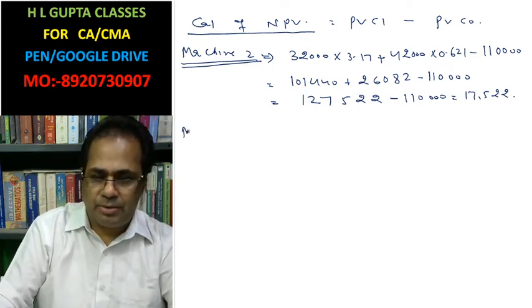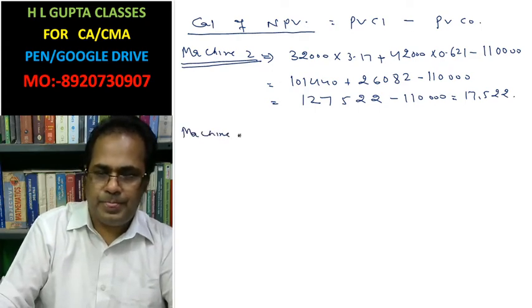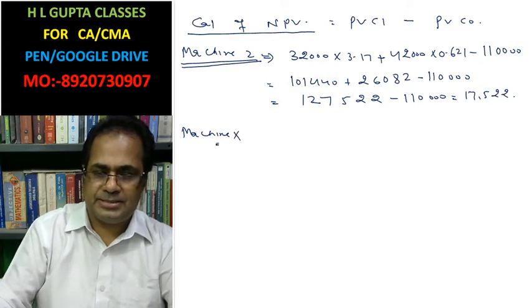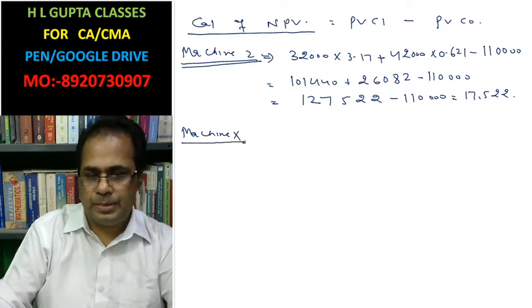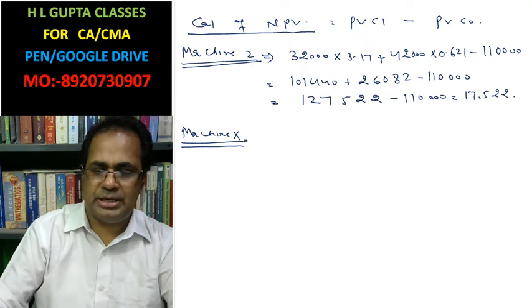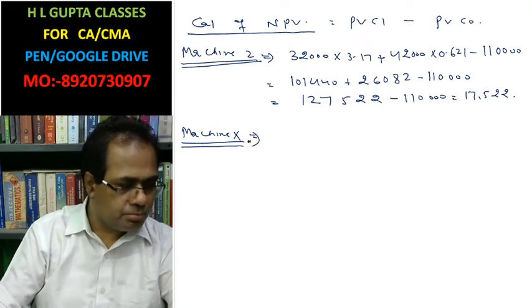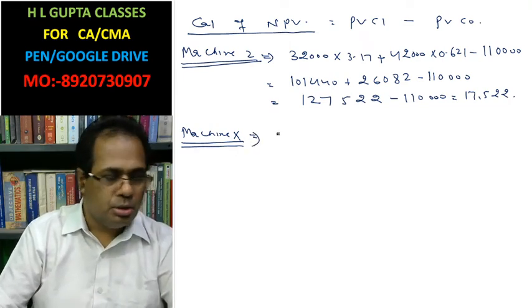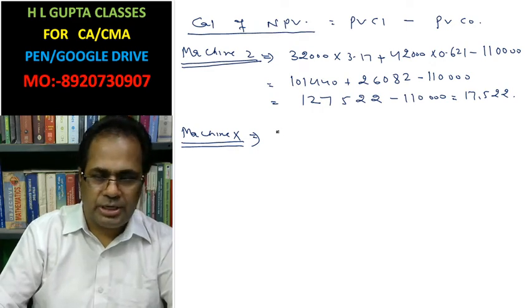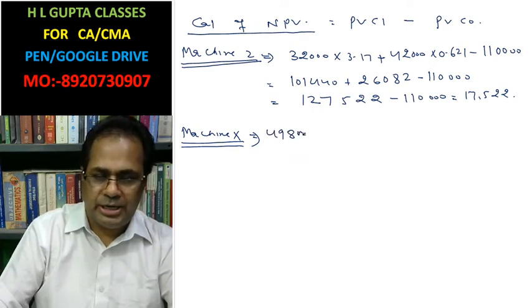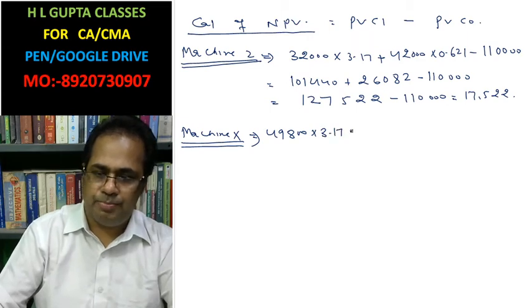Same we can calculate for machine X. In this case, you write here machine X: 49,800 in each year up to 4 years, 3.17.